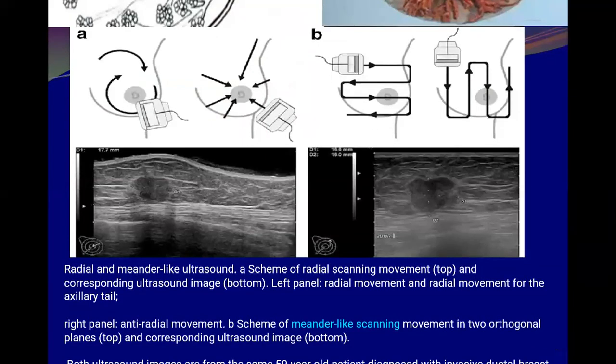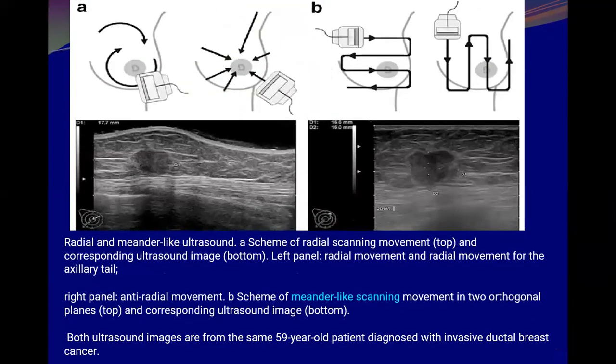Generally, what I am doing while I'm scanning is I use the Minder technique, Minder-like scanning. It is easier and quicker for me while I'm screening the whole breast. When I identify a lesion, then I go for the radial and anti-radial technique.